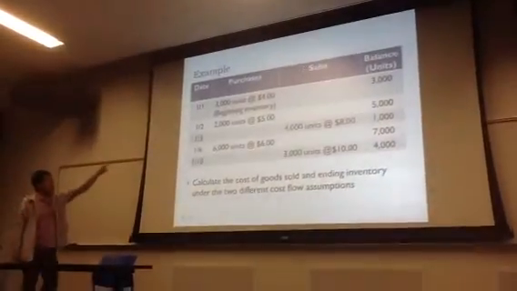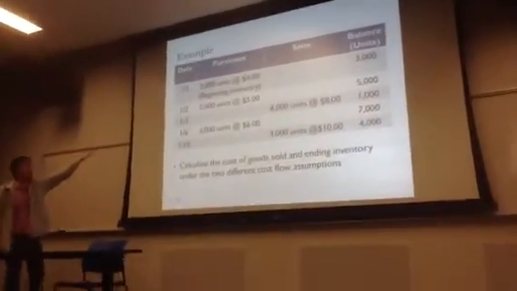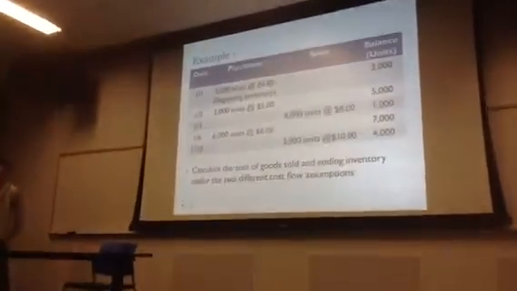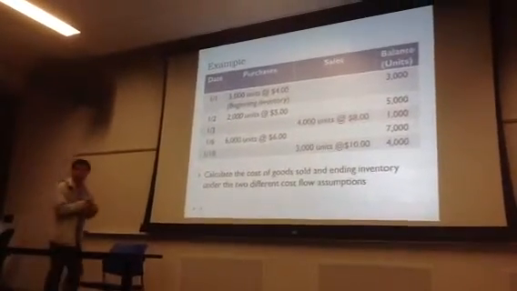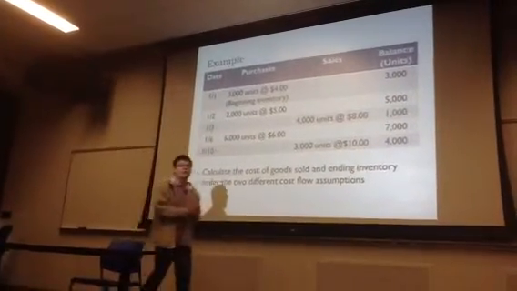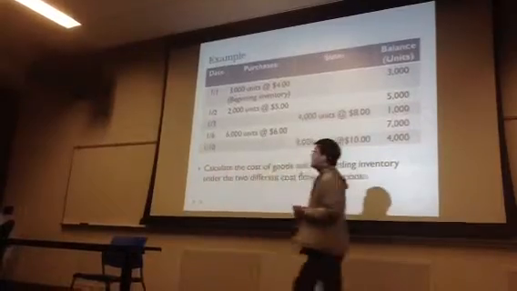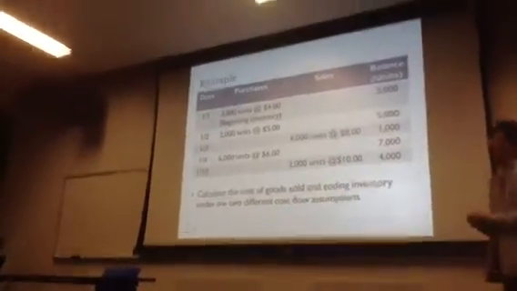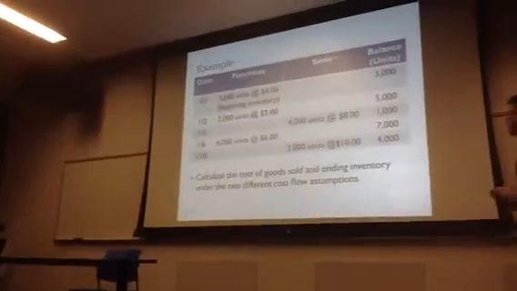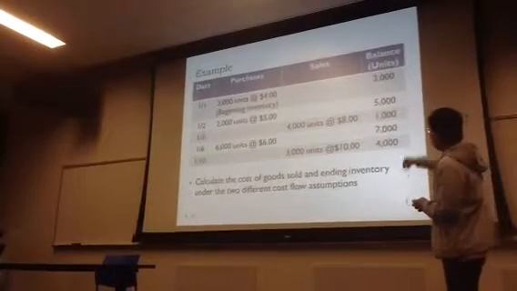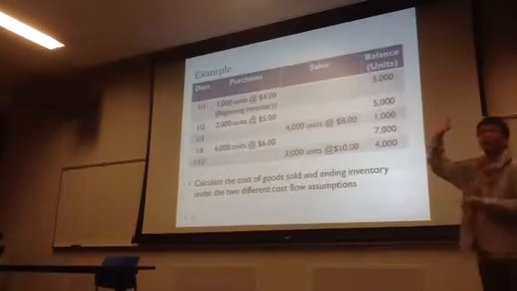So what we have is on January the 1st, this company purchased 3,000 units at $4 each. So that will be considered as the beginning inventory. And then on the next day, the company purchased another 2,000 units at $5 each. So now you can see that you have a balance of 5,000 units.